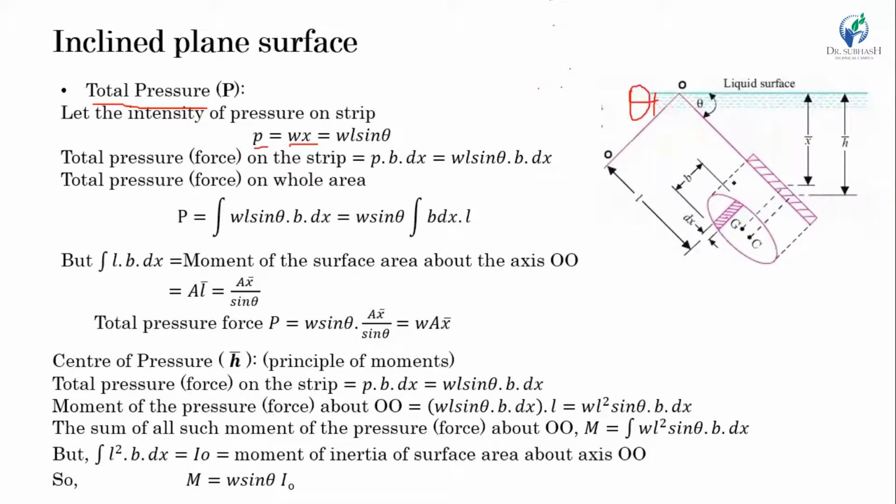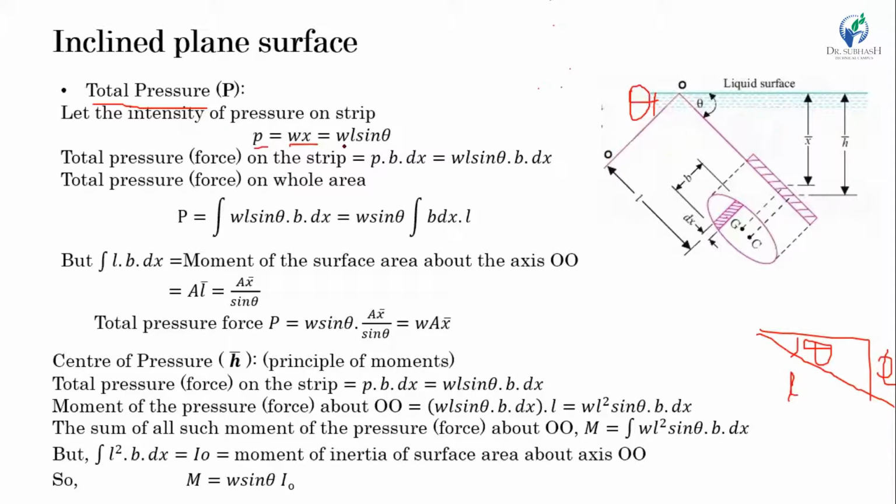If we consider this triangle, this is L, this is x, and this angle is theta. So we get the relation sine theta equal to x by L. So for calculation purpose, x is nothing but L sine theta.